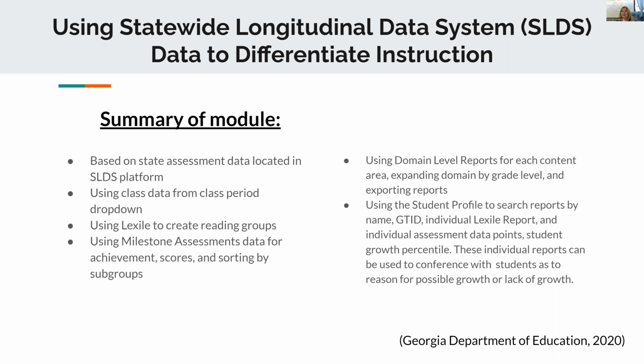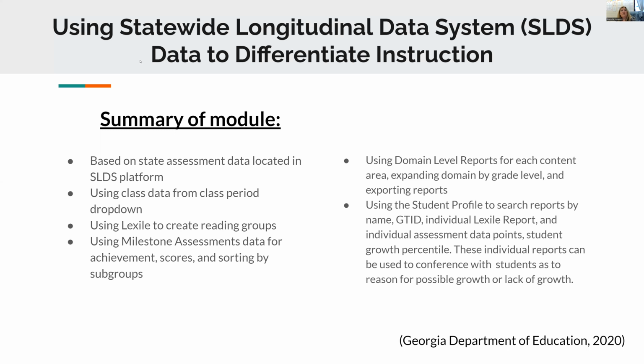They also covered using the Milestone assessment data for achievement scores and sorting the subgroups, using the domain level reports for each content area and expanding the domain by grade level, and exporting the reports. And then they talked about the student profile and the different things that you can find there, such as GTID, individual Lexile, individual reports, etc.